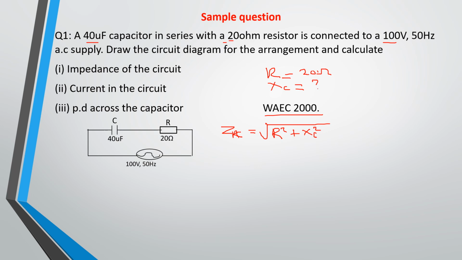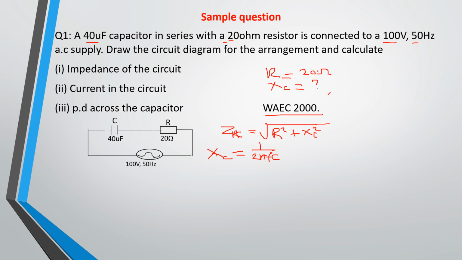The capacitive reactance XC is given as 1 over 2 pi fC. The frequency is given to you, and this is the capacitance of the capacitor, so your job is to substitute the values into this equation.